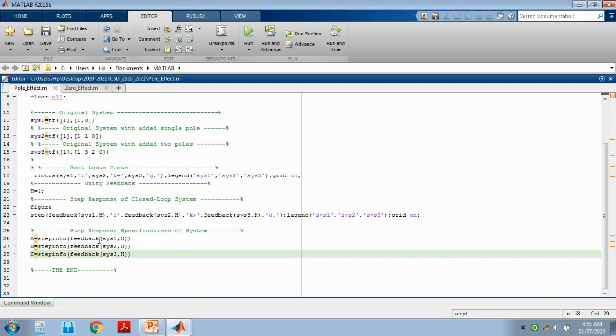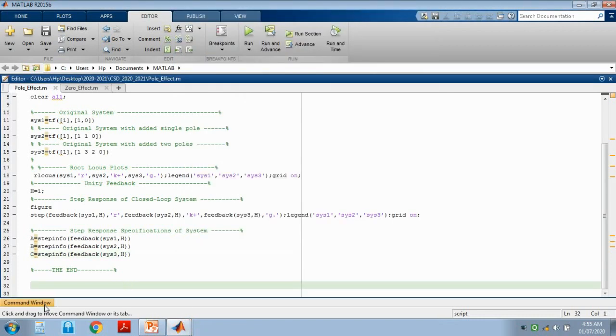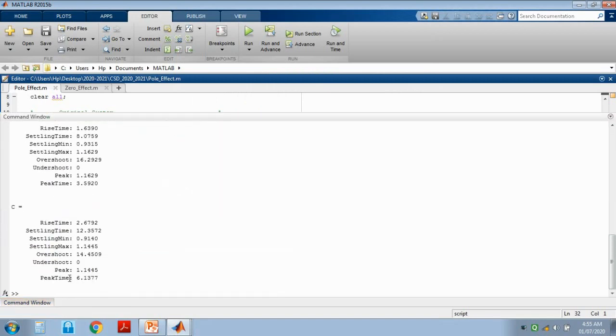Now let me run the code. If I run the code, MATLAB says it is busy solving this code, and once the code is executed, we have the figure window in front of us. Before going to the figure window, we'll observe the numerical results in the command window.